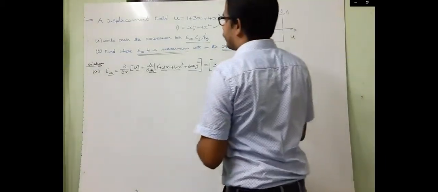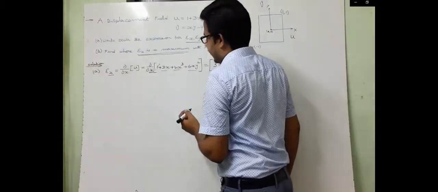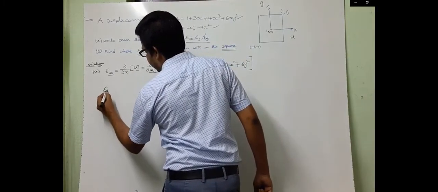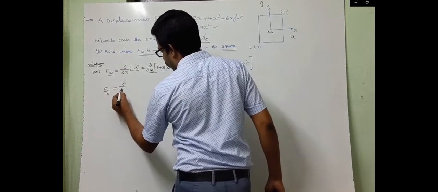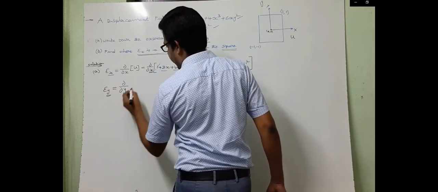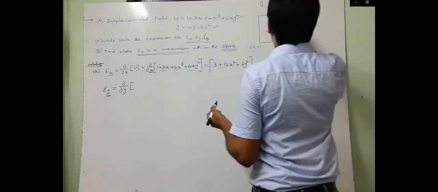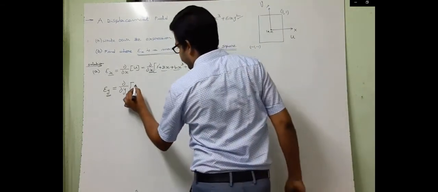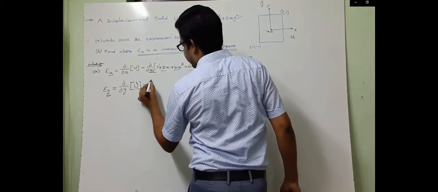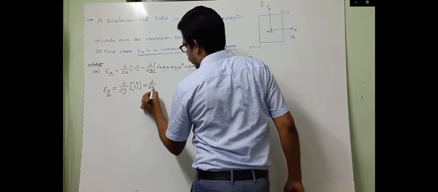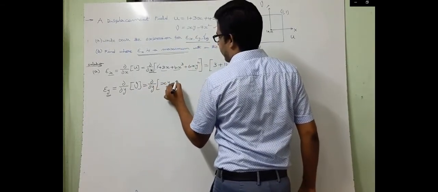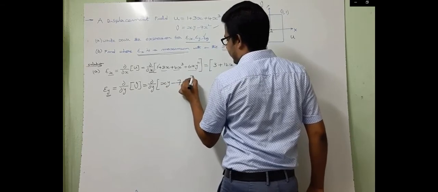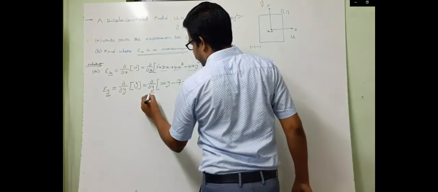So next one, epsilon y. So here epsilon y is equal to, what is the formula? Dou by dou y with respect to y. So here y. What is the displacement along the y direction? V. V is equal to dou by dou y of, what is the V value? xy minus 7x square is equal to, so here partial differentiate with respect to y.